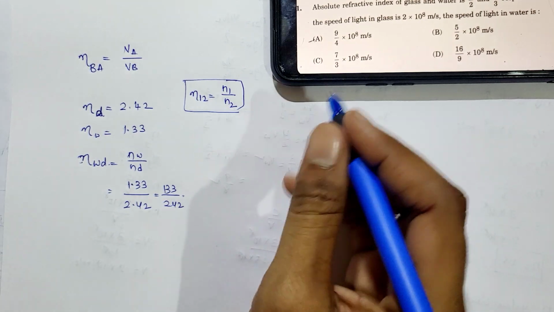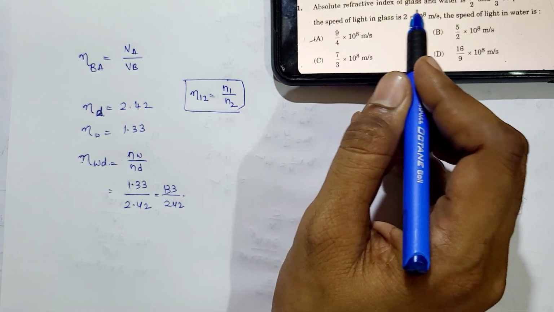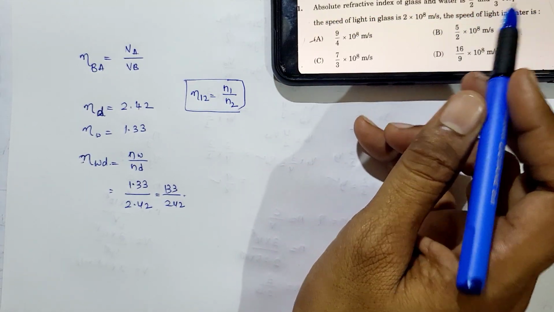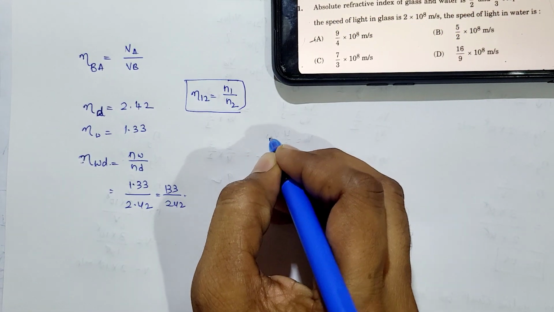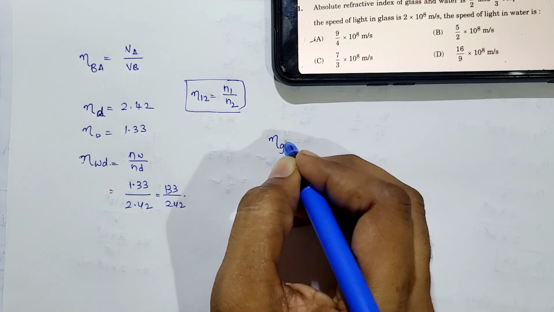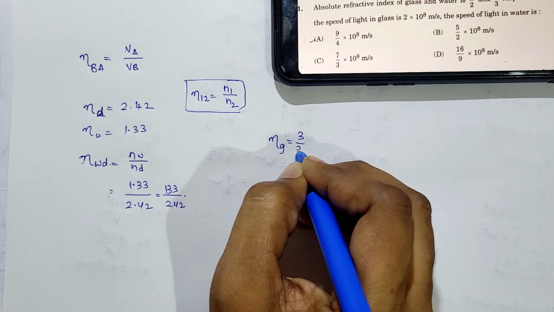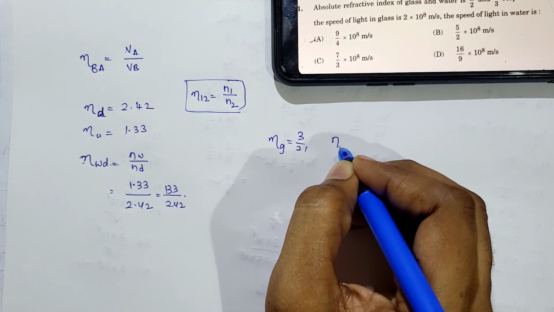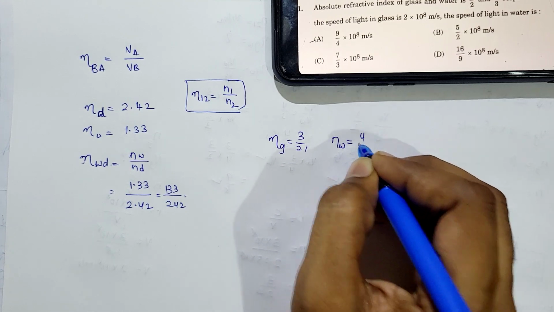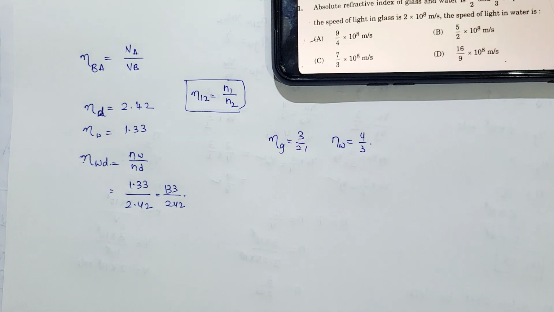See what they gave. Absolute refractive index of glass and water is 3 by 2 and 4 by 3 respectively. Okay.